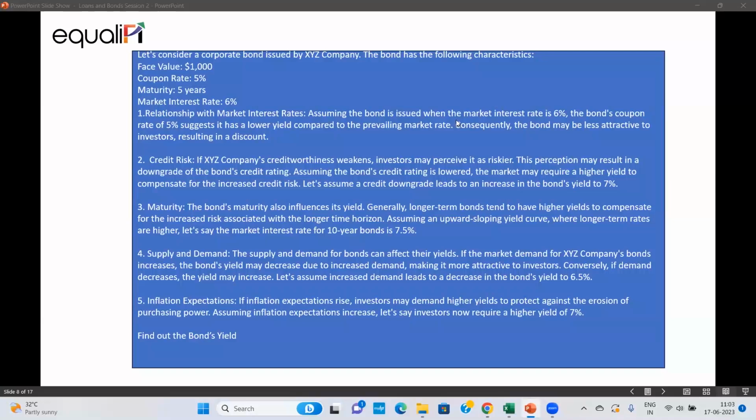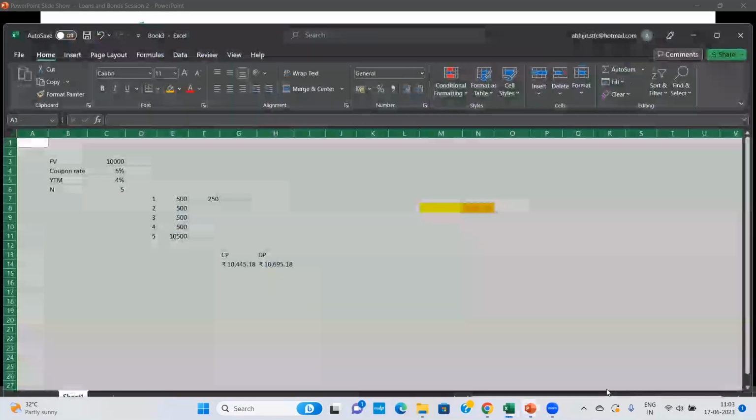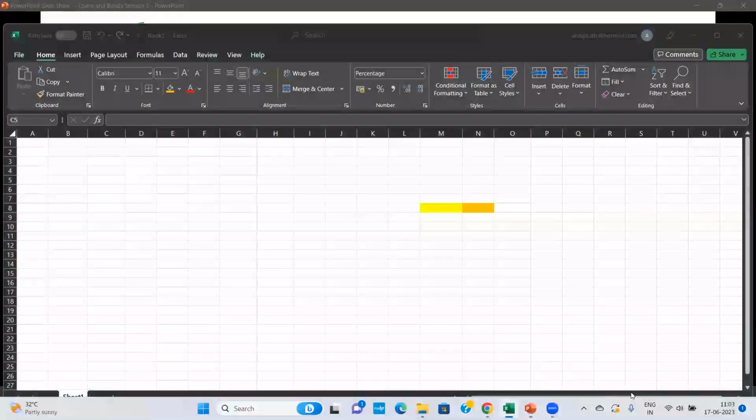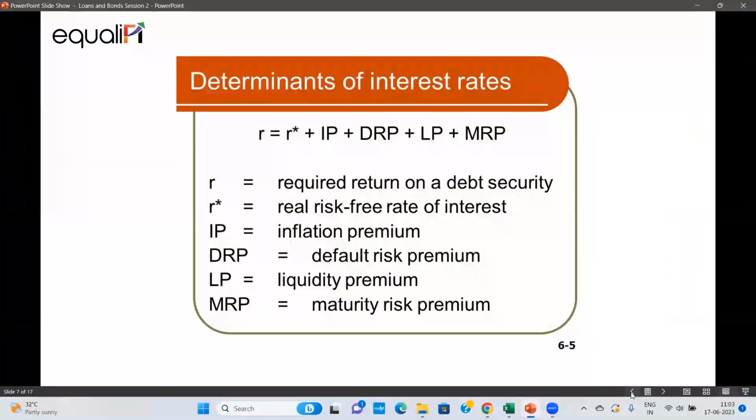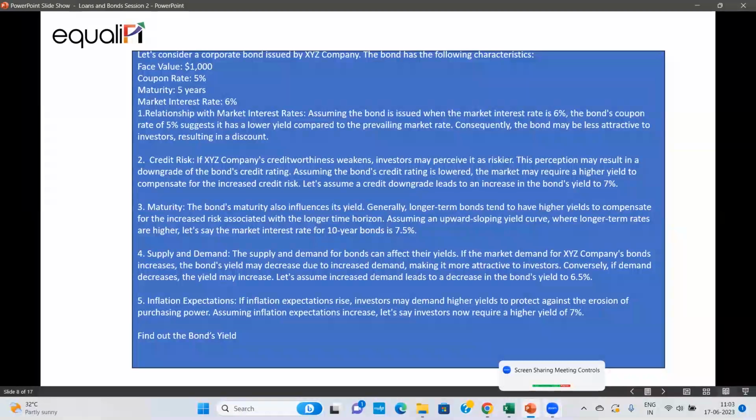So understand one thing. When I go to the PPT, what are the things I have to consider? One is the real risk-free rate of return. What is my real risk-free rate of return here, which will not fluctuate, but I am guaranteed to get it? 5%, correct?